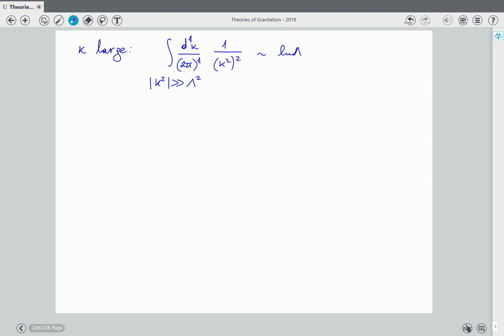Because you can write this in polar coordinates like that, so it's equal to some integral like that.